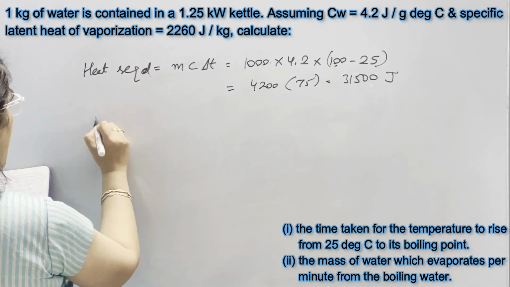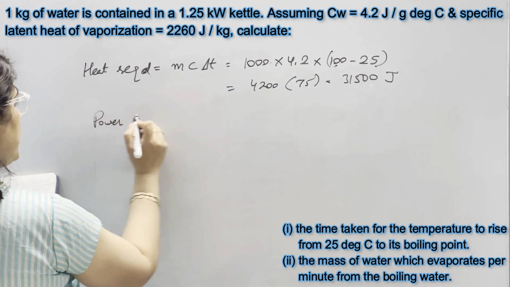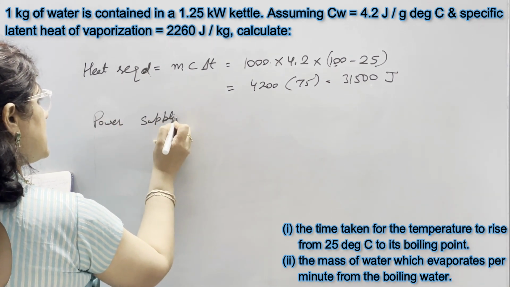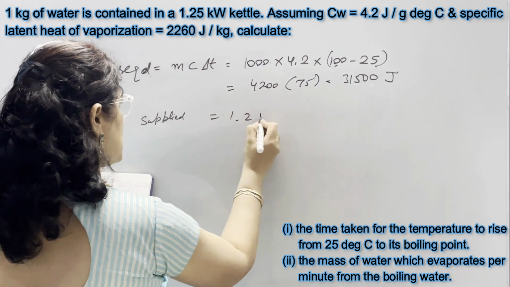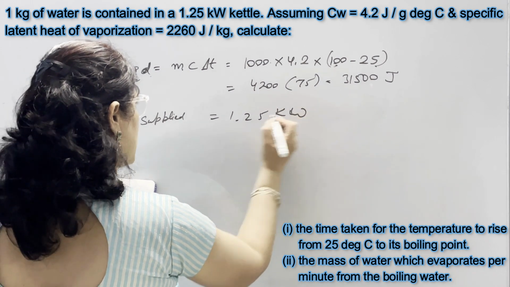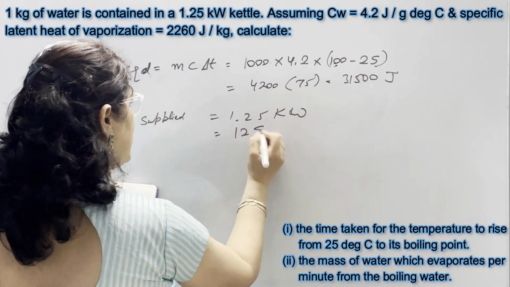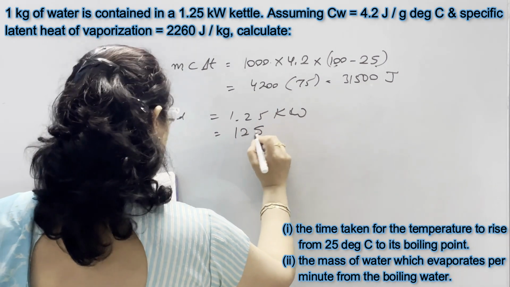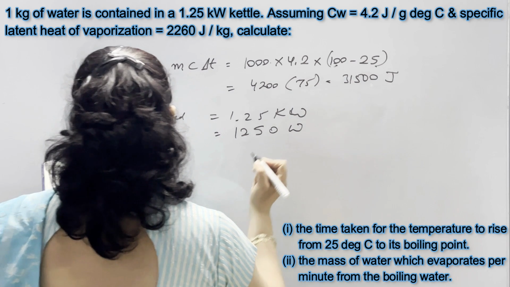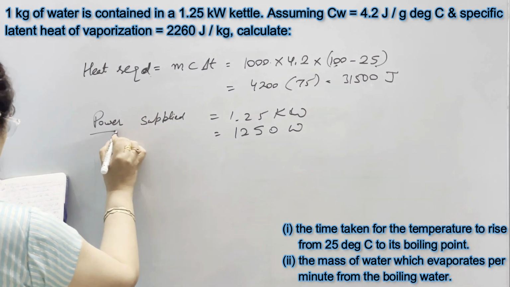In second part, power supplied by kettle. It is given in the statement that power is 1.25 kilowatt. So kilo means 1250 watt is the power of kettle.